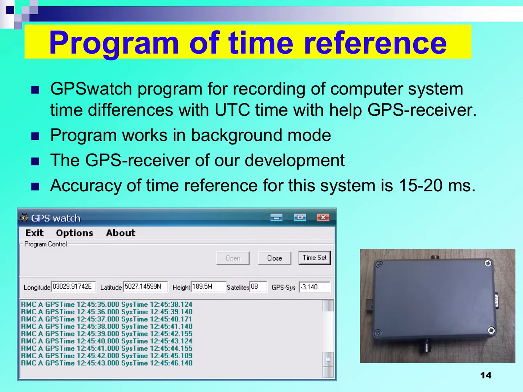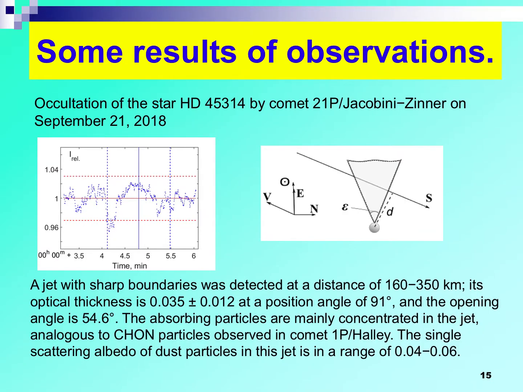The following are some of the results obtained on this occultation observation network. An interesting effect was recorded when observing the passage of the star HD 45314 through the comet 21P/Giacobini-Zinner on September 21st, 2018.